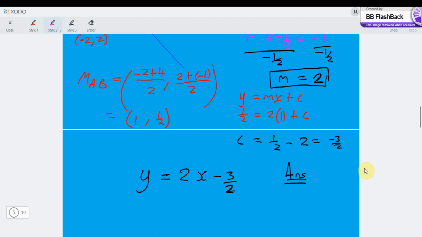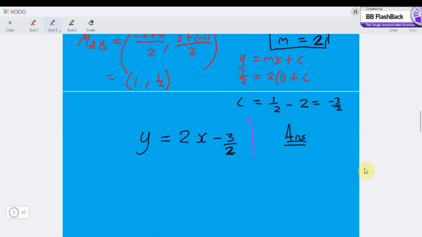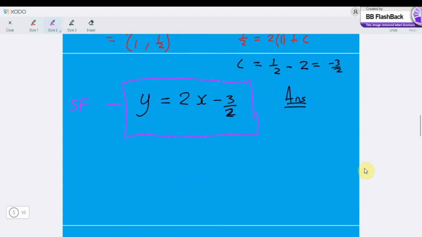If you wanted to make it prettier, this is in standard form. You could put it in general form by multiplying through by 2 to say 2y is 4x minus 3. Then bring over the 2y to say it is 4x minus 2y minus 3 equal to 0.